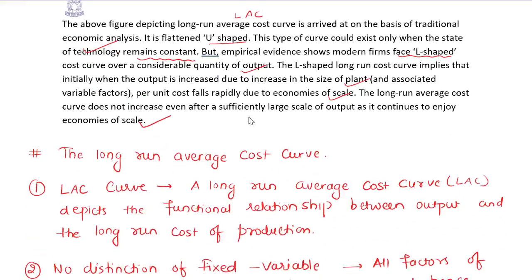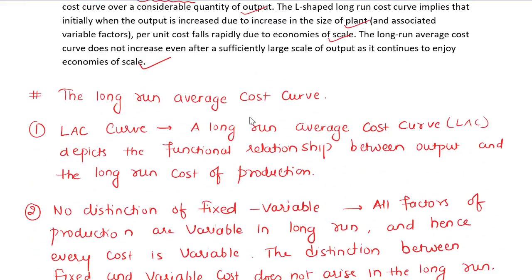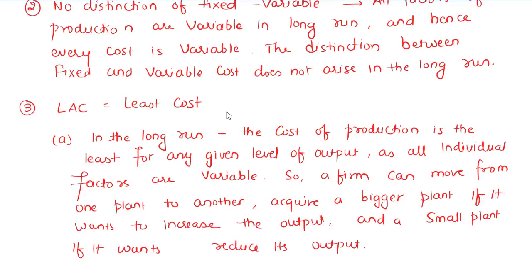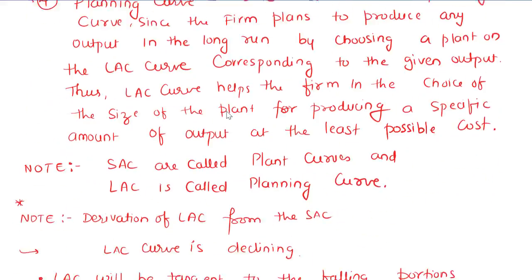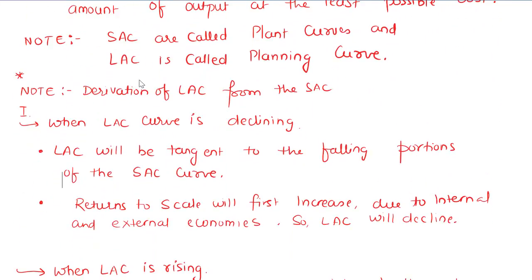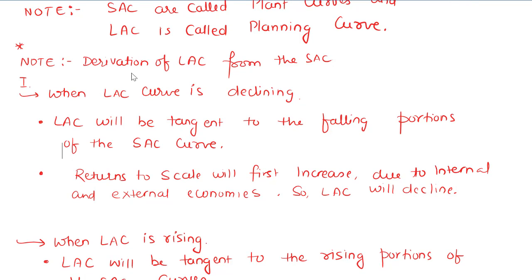And then I gave you the notes in relation to long run average cost curve, LAC. Point number 1, 2, 3, 4, and there is a note, that is the derivation of LAC from SAC. This is based on the two diagrams which we have seen ahead.